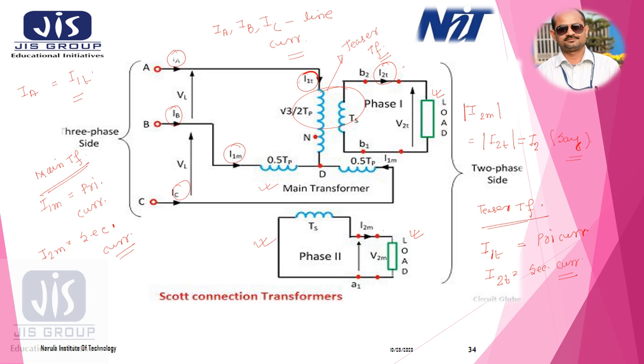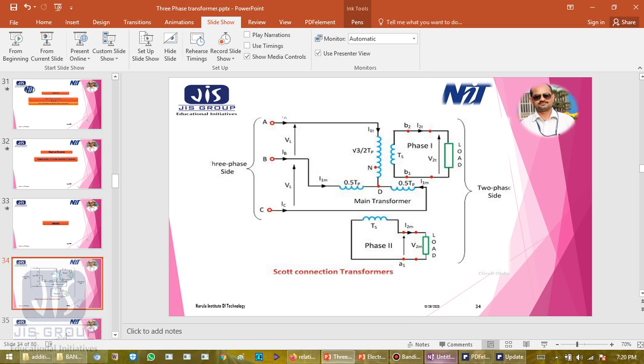Now, in the determination of the relationship between input and output current of Scott connection, we will neglect the magnetizing current. So this magnetizing current is neglected.